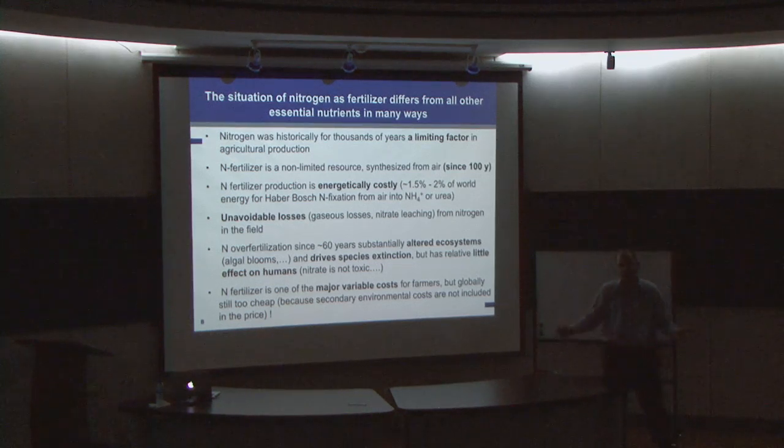If we now pollute the nitrogen everywhere, and everywhere is a high nitrogen environment, all these environment adaptations for 10,000s, 100,000s of years is lost and not useful because we have so much nitrogen. So we have a lot of species extinction, and surprisingly, nitrate or nitrogen has relatively little effect on humans.